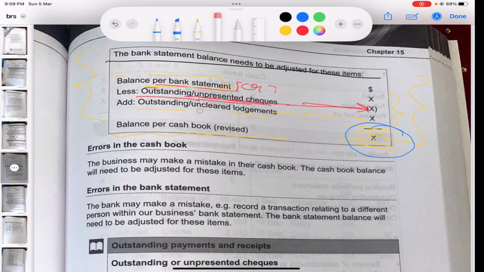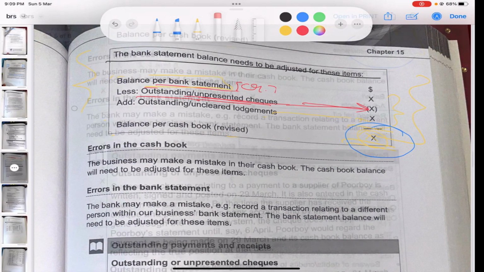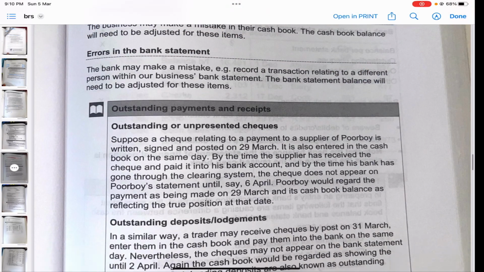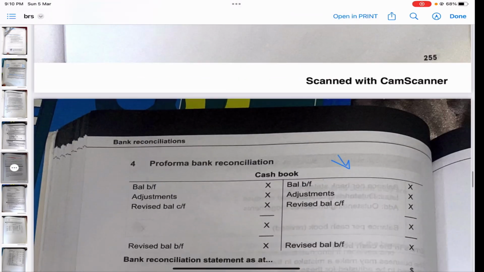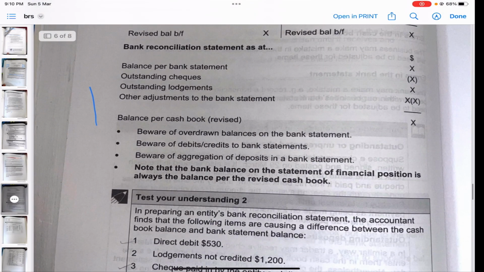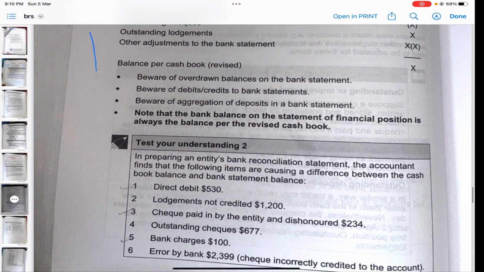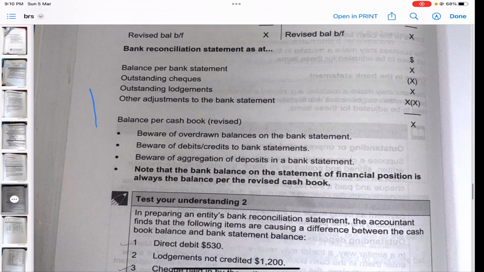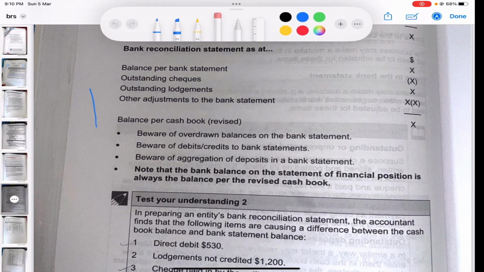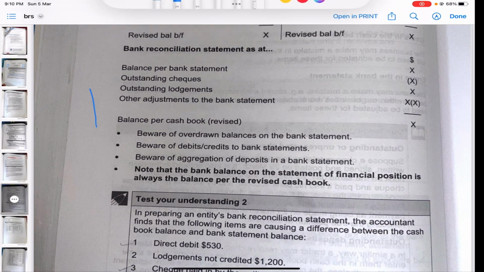Again, unclaimed lodgements or unclear lodgements is the same thing. We've gone through all this. And we know that in the bank, if we need to make changes in the bank statement, there can be only two mistakes.